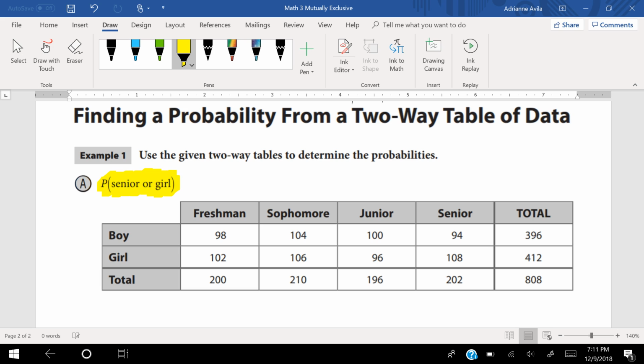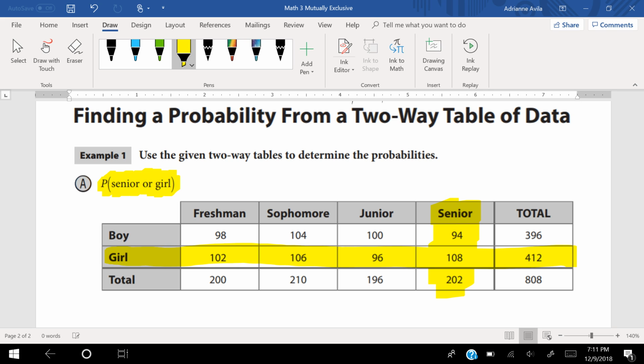And this is obviously going to be an overlapping scenario because it is possible to be a senior girl. So first you need to look at how a two-way table works: you can use information going this direction and information going this direction.